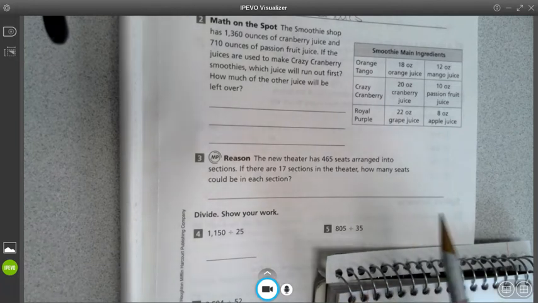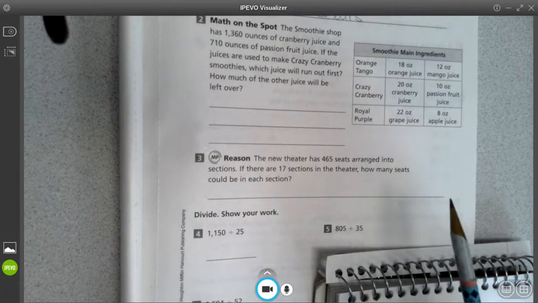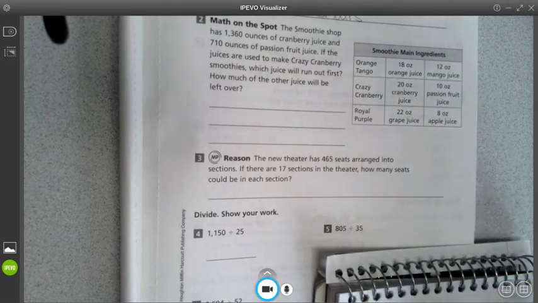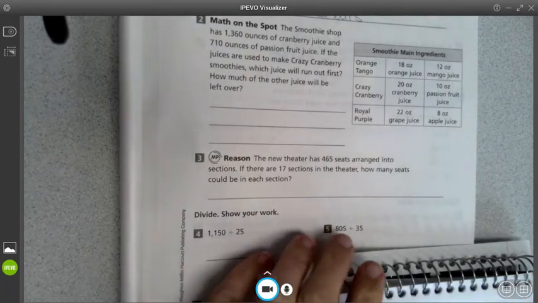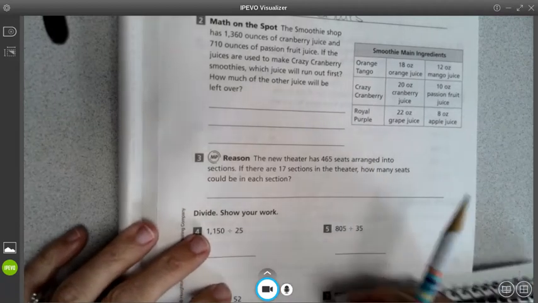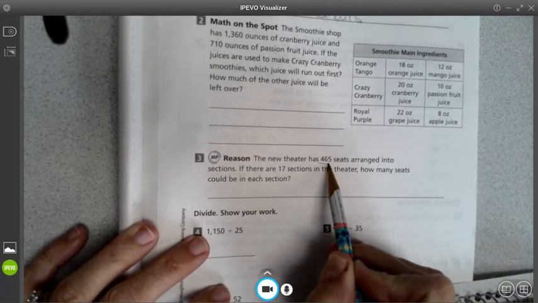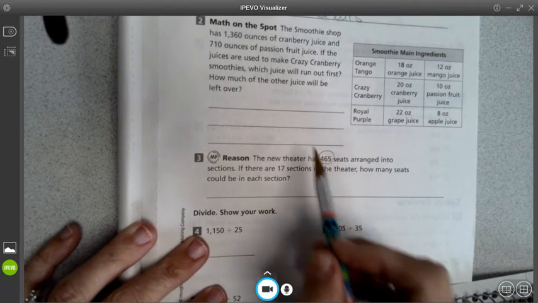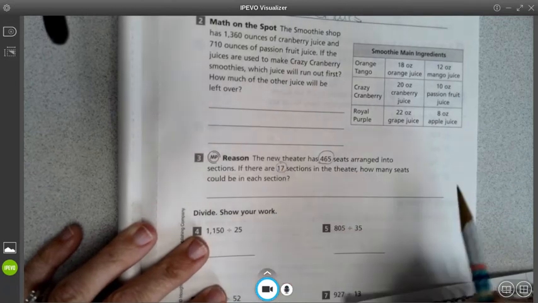So like I said, there's more than one reasonable answer. So we're going to use what we know about division and get a number of seats in the section, and then use the remainder to maybe redistribute the number of seats. Let's see what happens. First, let's pick out our values. We have 465 and we have 17.